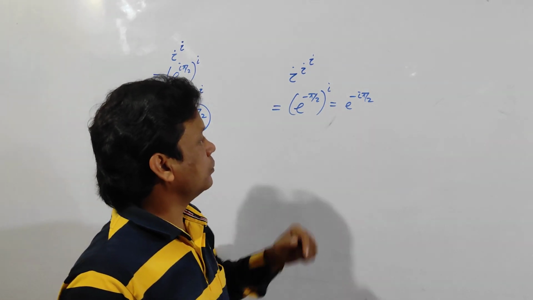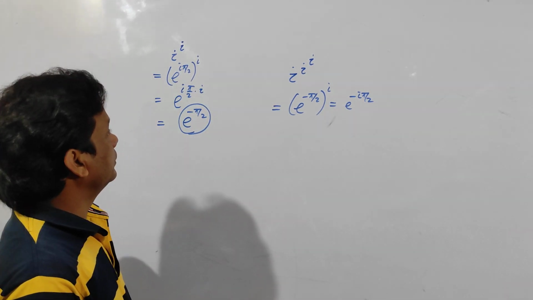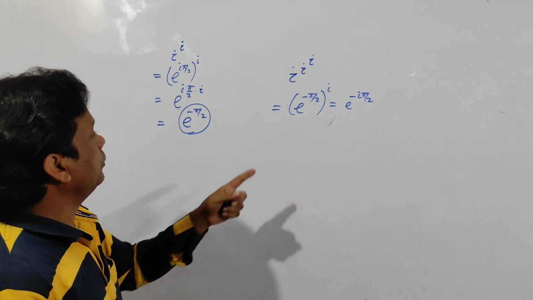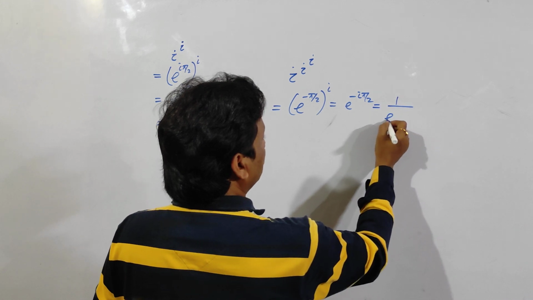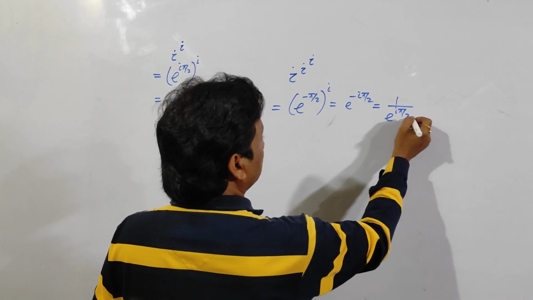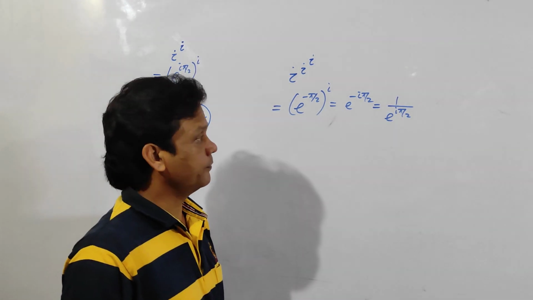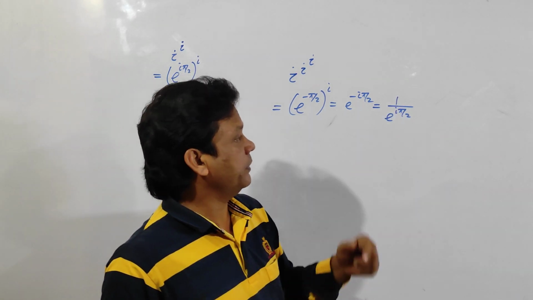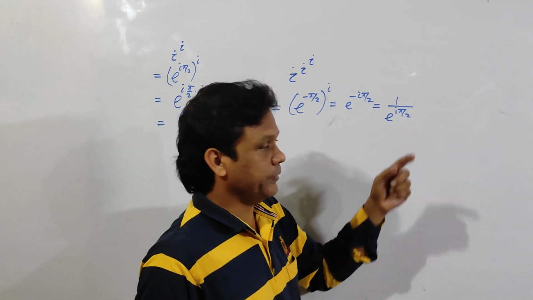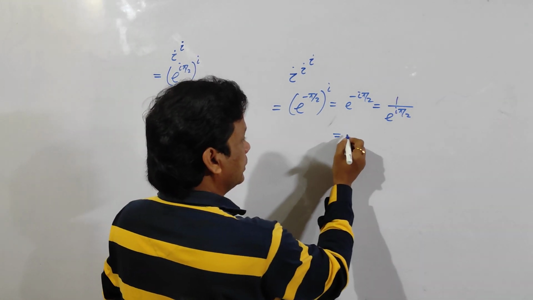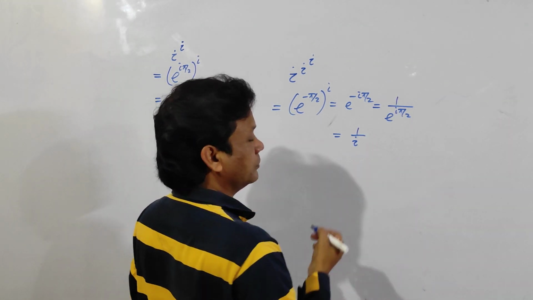And this is also known to you, because e to the power minus i pi by 2, I can write as 1 by e to the power i pi by 2. And e to the power i pi by 2 is i. So this one is 1 by i.